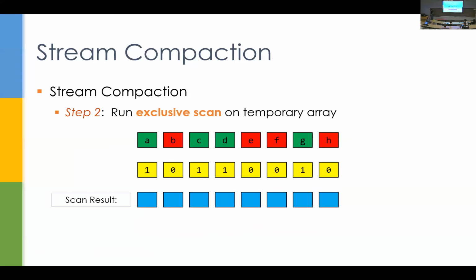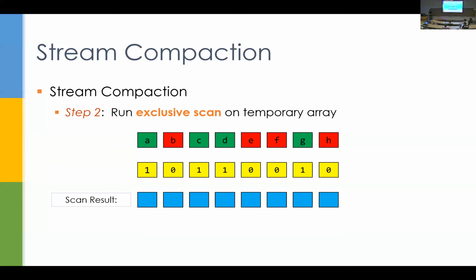The next step is to run our friend scan. You're going to run the scan on the Boolean array here, assuming the Boolean array is integer. So what is the result of scan? You get an exclusive scan. Exclusive scan means the first element is what? 0.